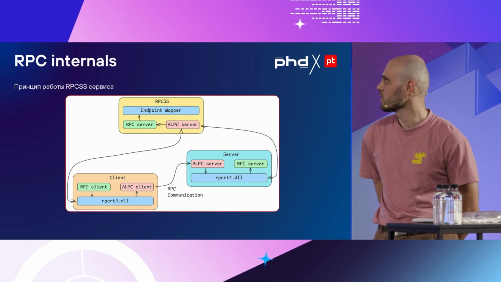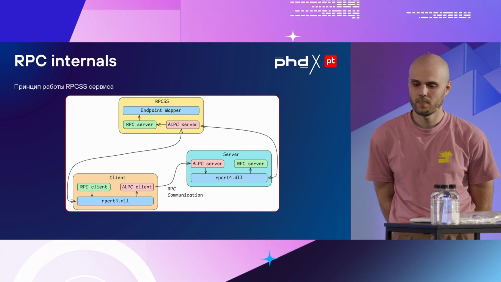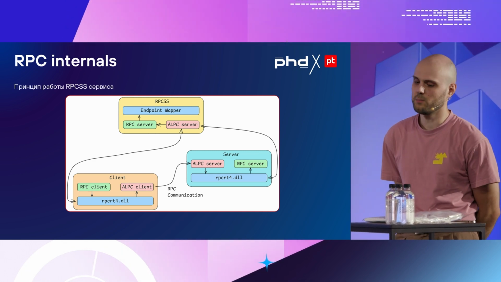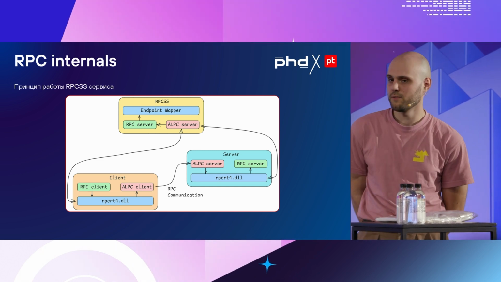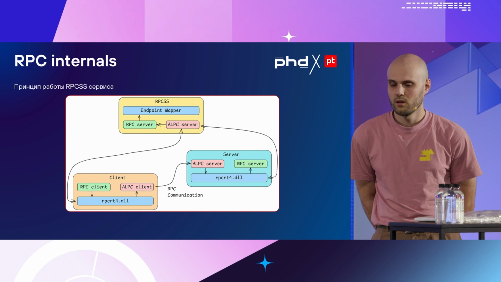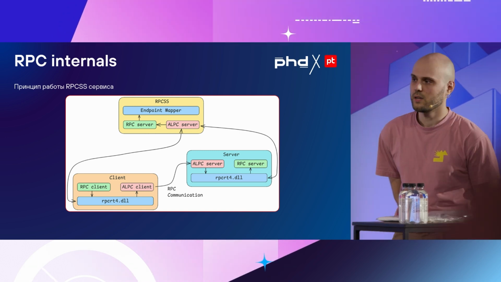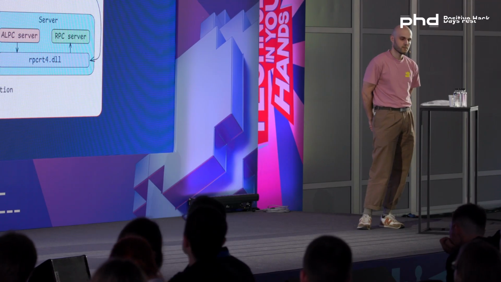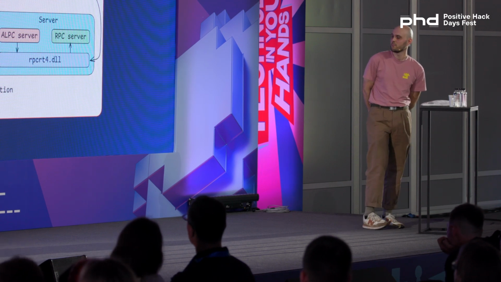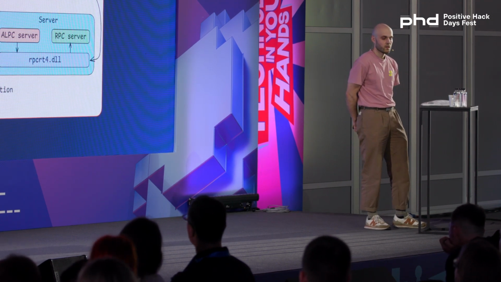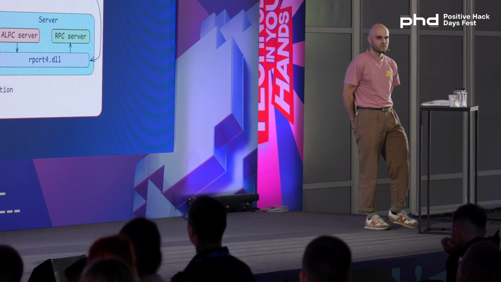A couple more words about endpoint mapping servers, which stores the information about RPC servers running and the features they support. It works on both ALPC port and the network port, port 135.